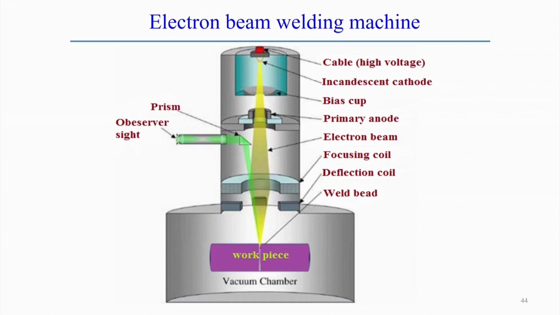Finally, it is focused on the workpiece that is kept in a vacuum chamber. There is also an observing system to see the position of the workpiece. So, this is a very typical and simple way to present the typical components of an electron beam welding machine.